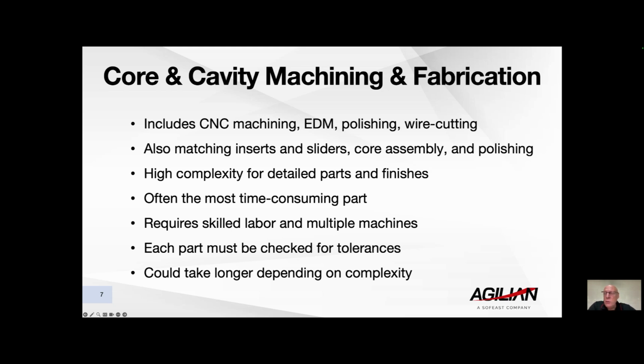It also includes matching the sliders and cores and assembly, hand polishing, grinding, and it does require complexity and a lot of skill to actually get these parts finished and assembled together. Now, this is where most of the time is consumed when we are producing injection mold tools.